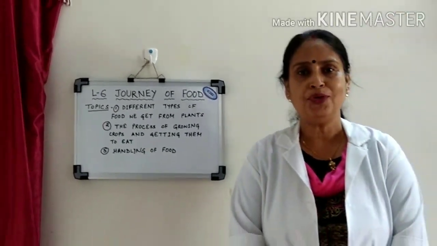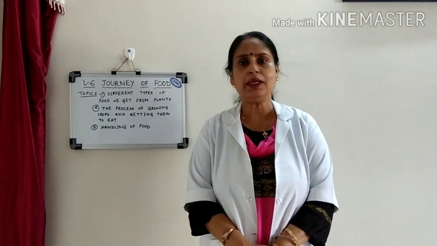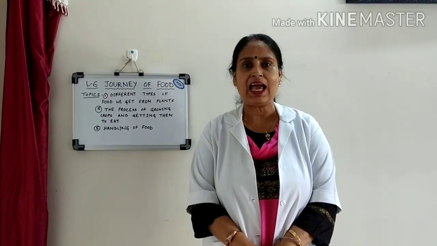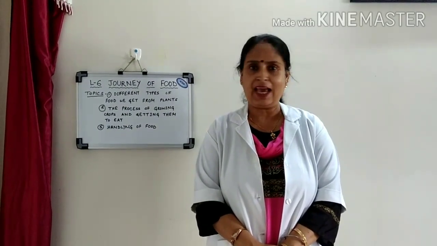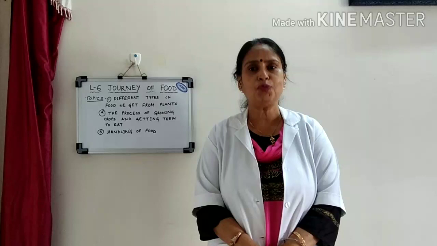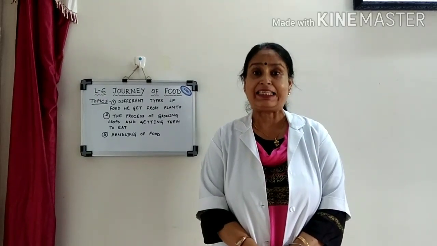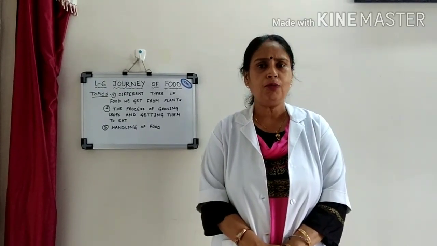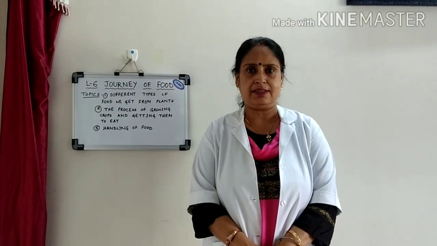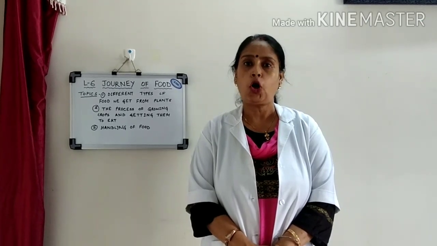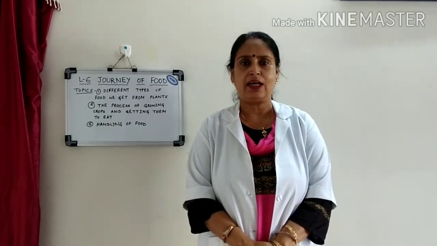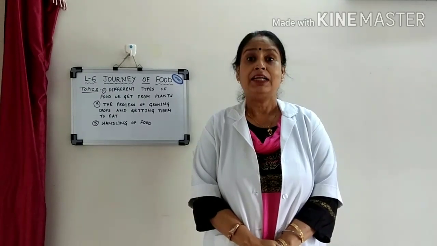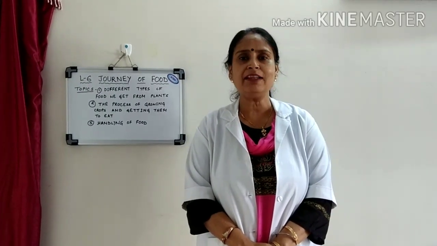All of you know food is very important for us to stay alive. We cannot live without food. It gives us energy to perform various activities. It also helps in the growth of our body. Now, where do we get the food from?